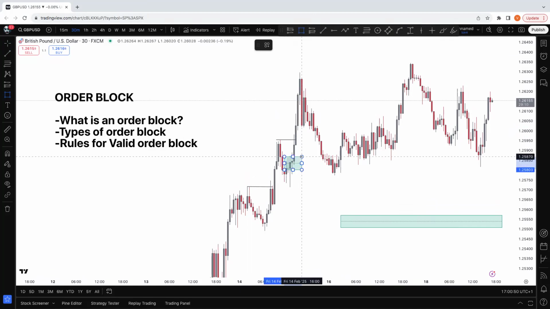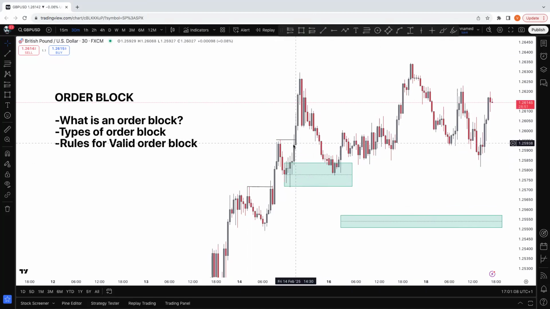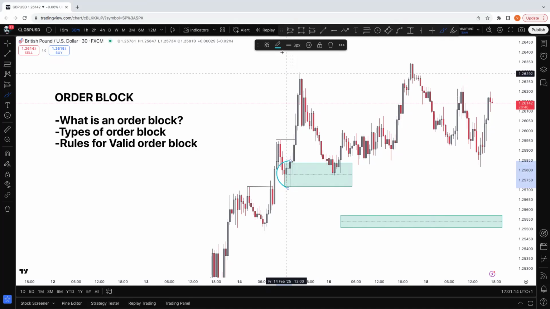This is the zone where price started moving impulsively to break this structure. So it means at this zone here, liquidity was pumped into the market that forced price to move impulsively to break this structure. So this zone down here is our order block.